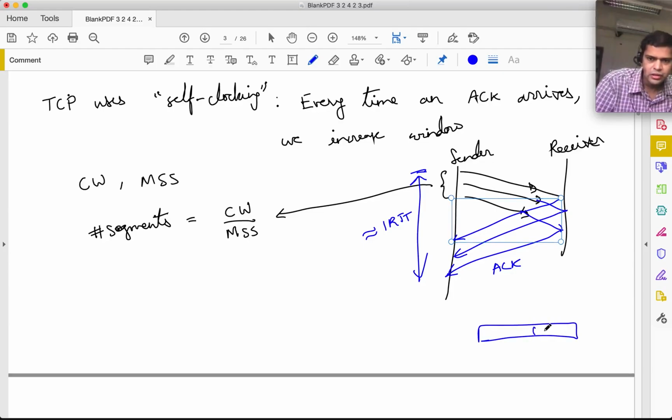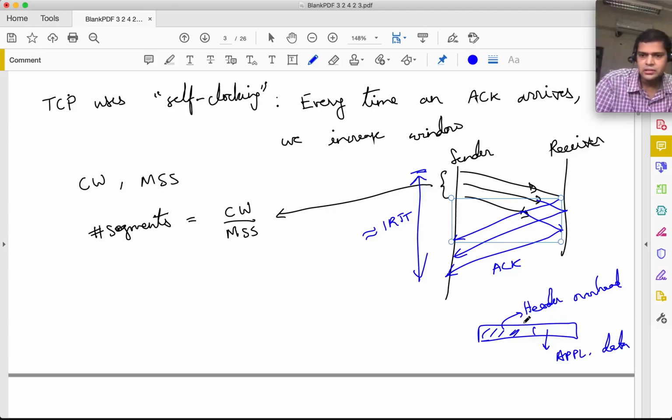So this is the actual application data that you're sending out in a particular packet, and these are all overheads from headers. I want to keep the overhead small compared to the amount of data I'm sending. So the larger the packet I send, the more data, so the percentage of overhead goes down. Normally TCP would send the maximum sized segment if possible.